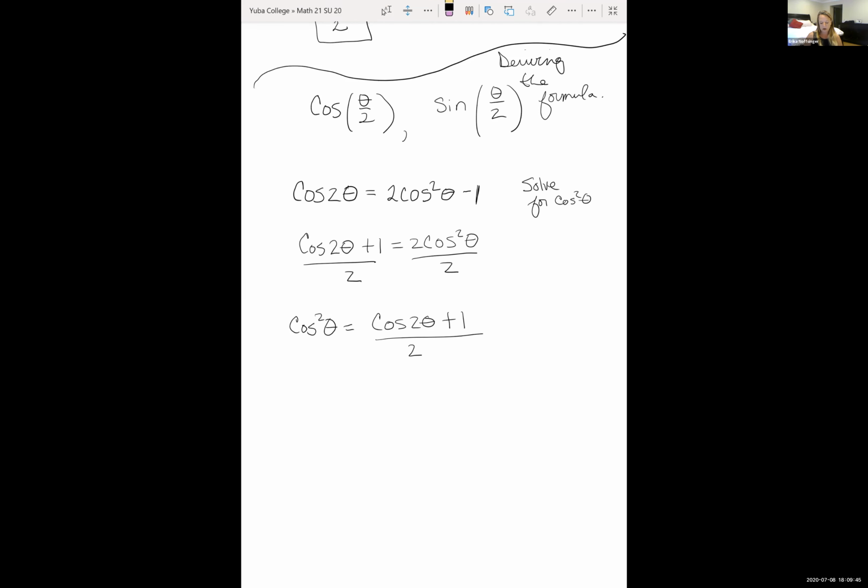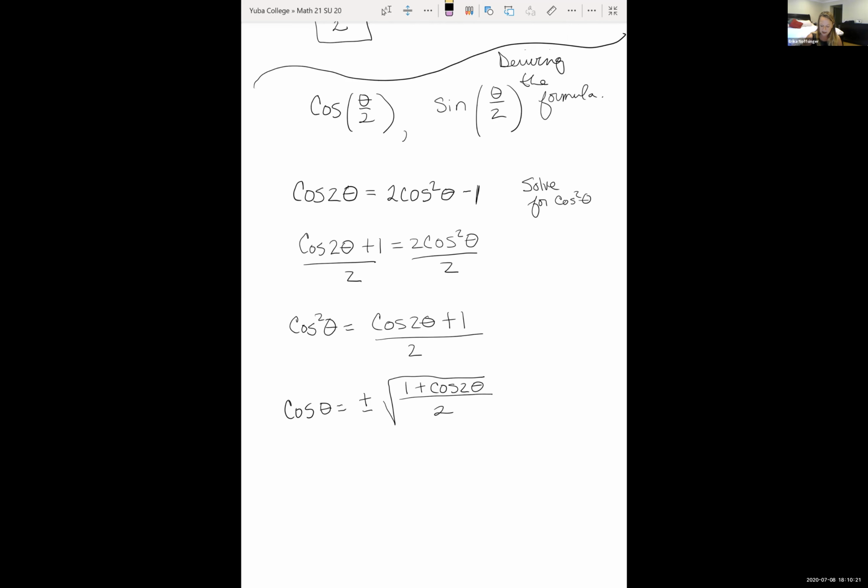If we take the square root of both sides, we get cosine of theta is equal to plus or minus the square root. I'm just going to rewrite this because this is how you'll see the formula with a 1 first, but the order of the sum doesn't matter. So this is 1 plus cosine of 2 theta all over 2.